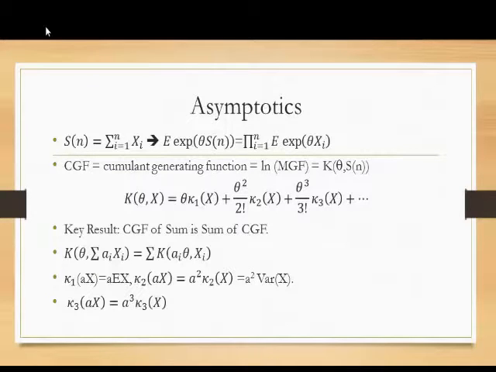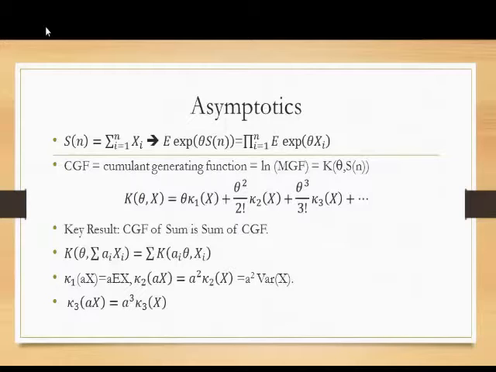So if you look at any proof in the conventional books, you will not find it very illuminating. It is just a sequence of steps one after the other, which doesn't lead to much insight as to what's happening. So what really makes things nice and easy, if you just take one more step, instead of the MGF, you move to the CGF.